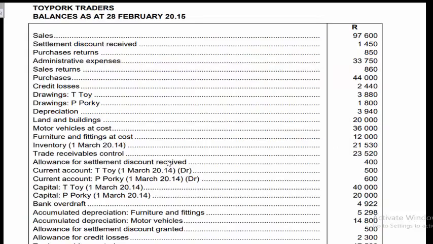Let's check what this is. Administrative expenses 33,750 according to the list of balances. It's the fourth item from the top, and that affects the income statement. So let's not dwell on it because we're not doing the income statement now. Let's carry on and check what other amount is needed in the current accounts and appropriation.